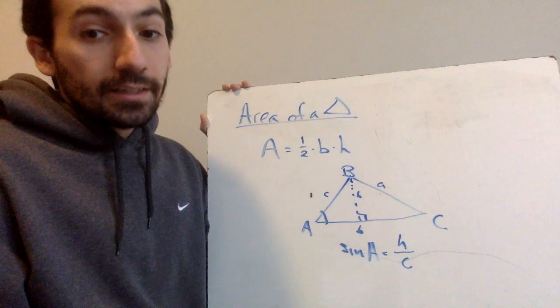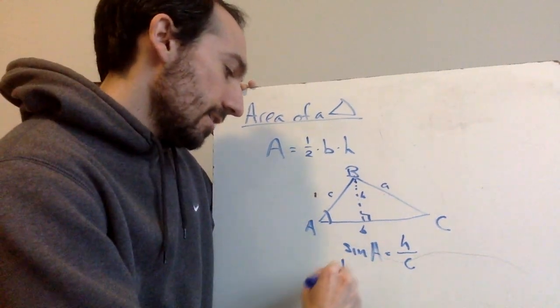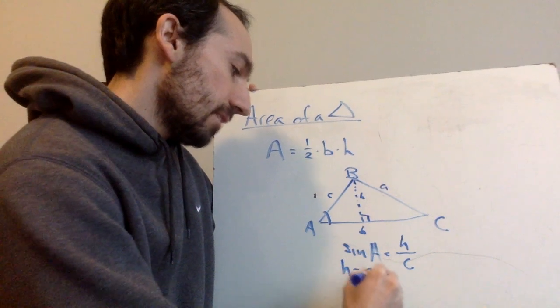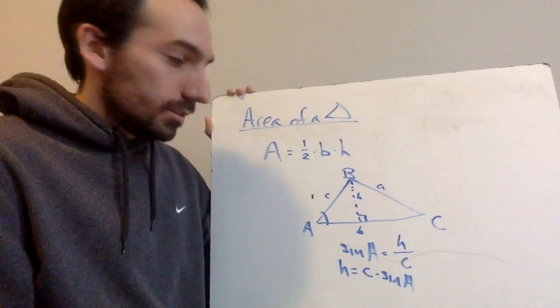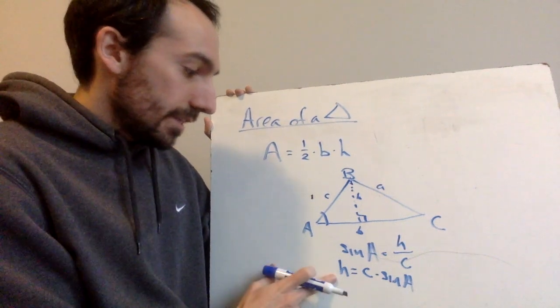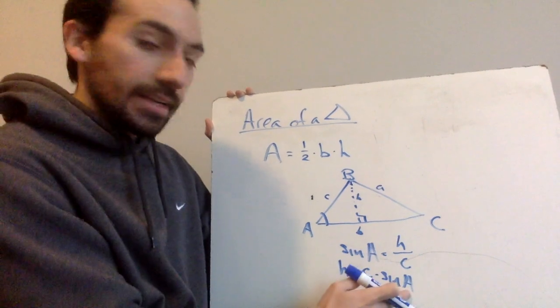So if I know that, then I can solve for h without too much trouble. Right here, h should be c times sine A. Wonderful. Now I know h, b was my base, c sine A is my height.